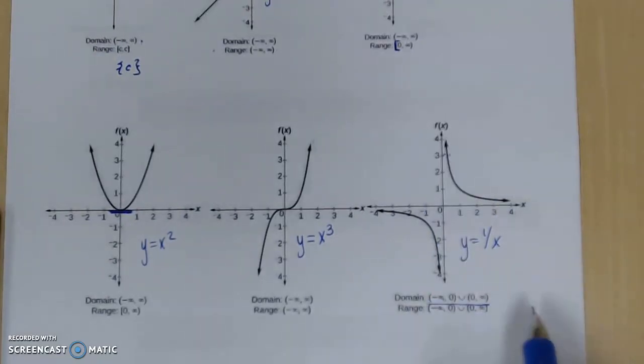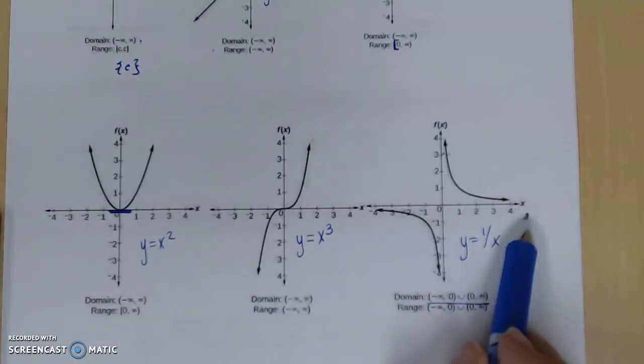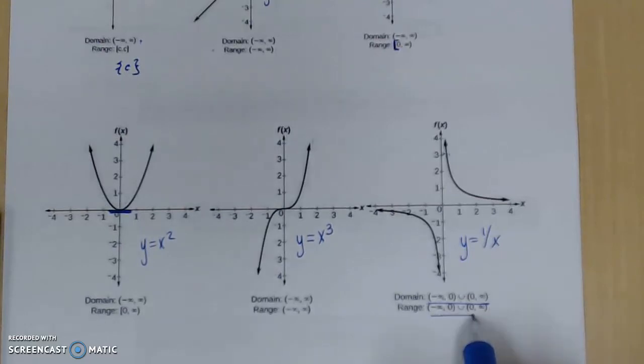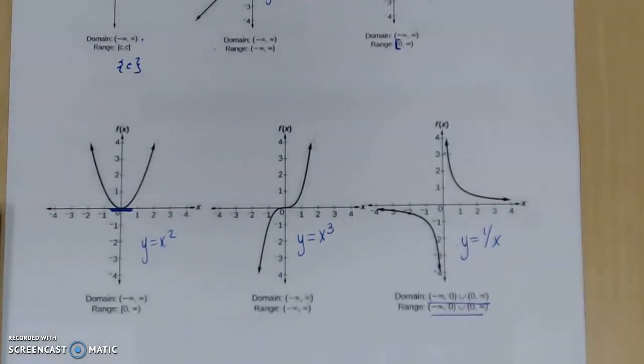So my domain is negative infinity to 0, parentheses, union with 0 to infinity. The same is true for y: there's no way that fraction equals 0, so there's no y value of 0, and my range is the same. This is a great example of looking for problem areas within a function when figuring out the domain and range.